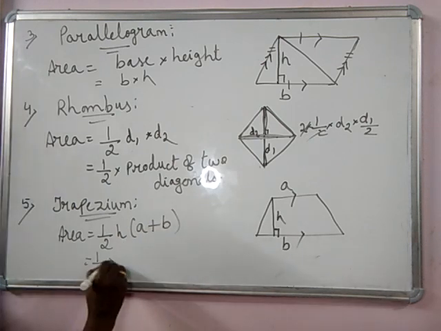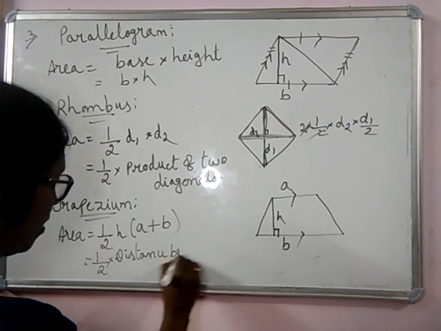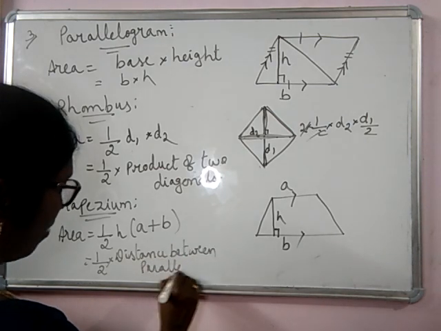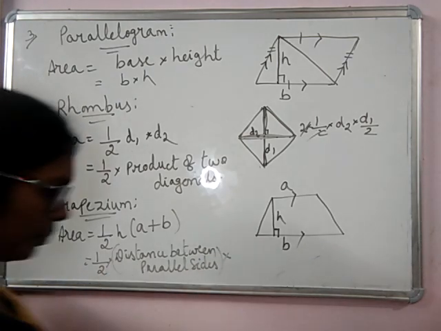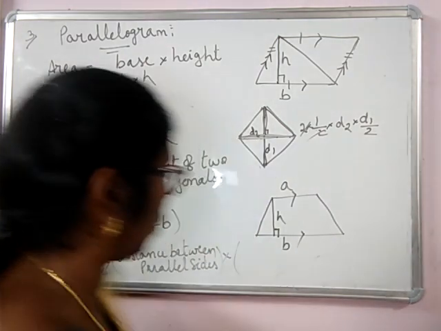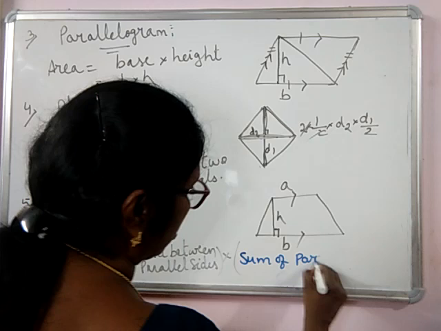That means half into distance between parallel sides into sum of the parallel sides.